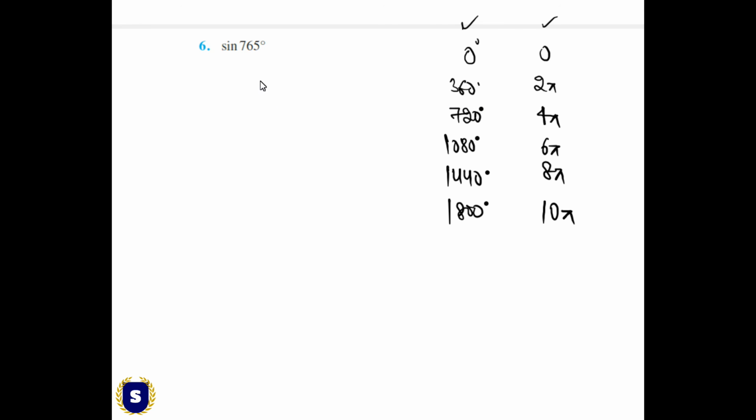Let us solve the 6th question. You will get an idea. Sine 765 degrees. We have already learned the values from 0 to 90 degrees. We don't know the value of sine 765 degrees. So let's convert the angle so that it comes between 0 and 90 degrees. This can be done if we subtract 720 from 765 degrees.